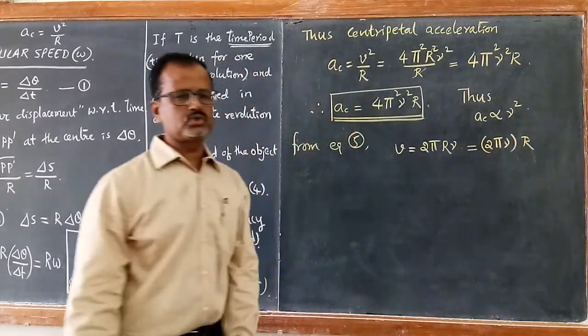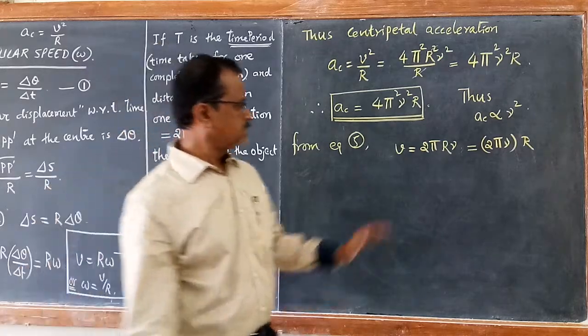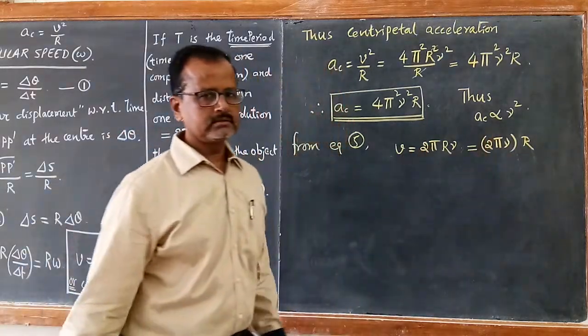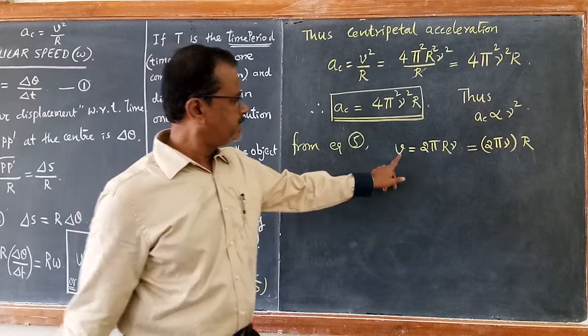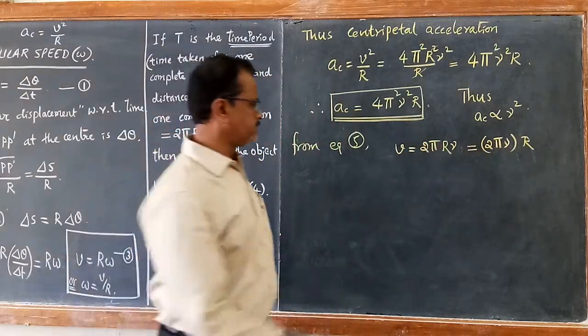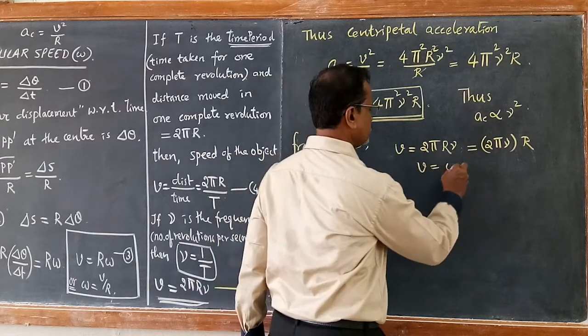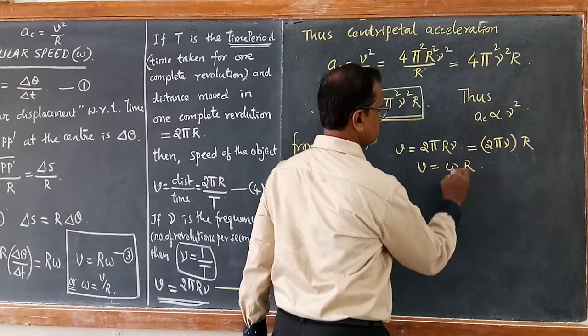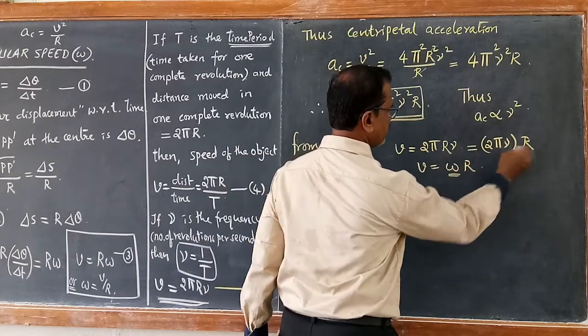Purposely I am keeping this 2 pi nu in brackets, multiplied by r, and we got a relation between linear speed and radius, and one more quantity, angular speed. We also got that v equal to omega r.